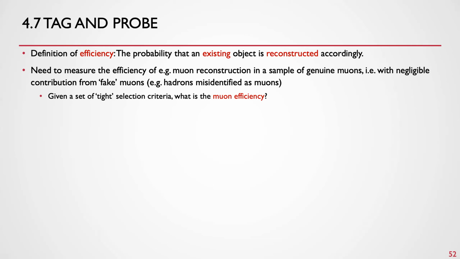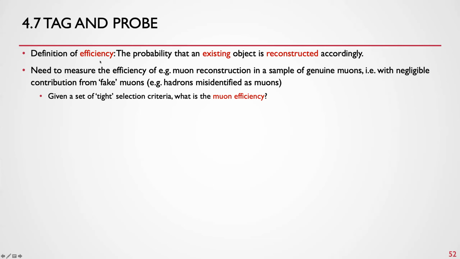The question is different then: I have a set of candidates. What is the efficiency that these candidates are reconstructed correctly? The definition of efficiency starts with true events and asks whether they have been reconstructed correctly.